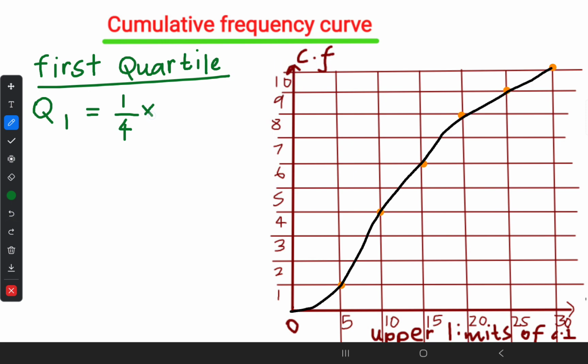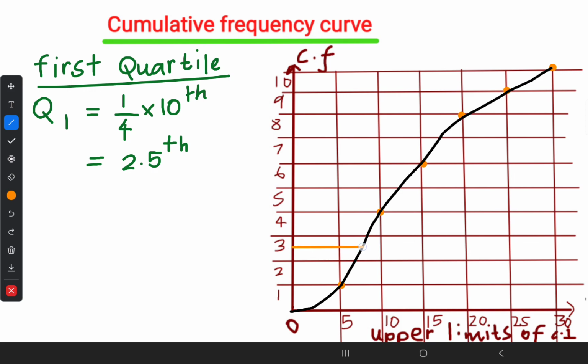So one fourth of 10 is 10 divided by 4, 2.5. So the 2.5 place will give you the corresponding Q1 value. To find the Q1 value, in the vertical axis we have 10, 9, 8, and so on. To identify Q1, take one fourth of this total. That is showing the exact 2.5 place: 1, 2, this would be the 2.5 place.